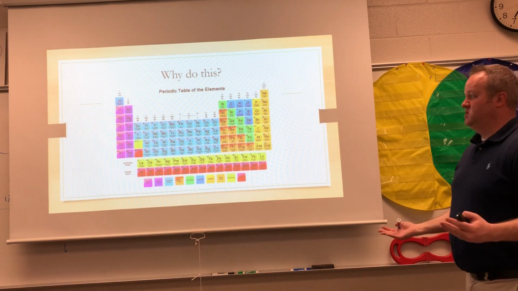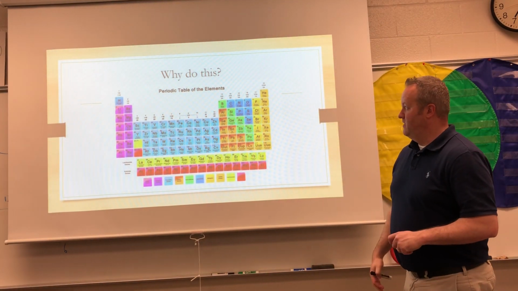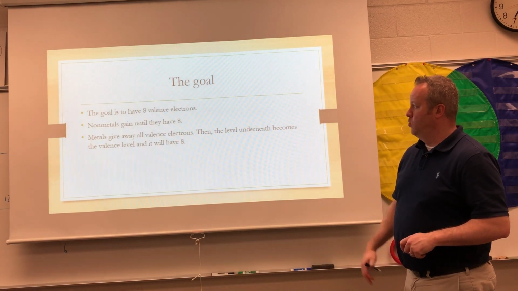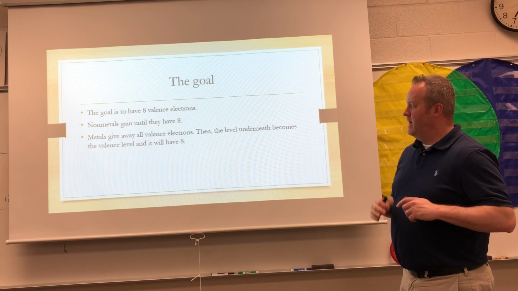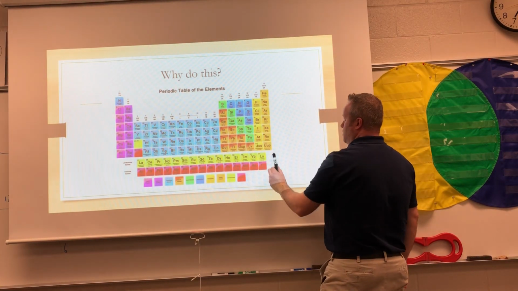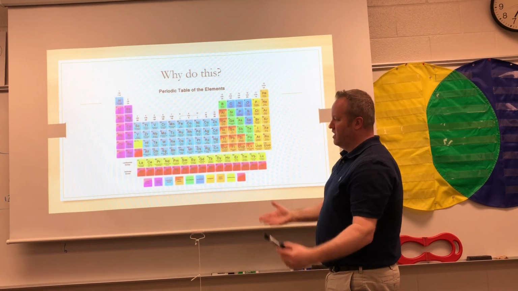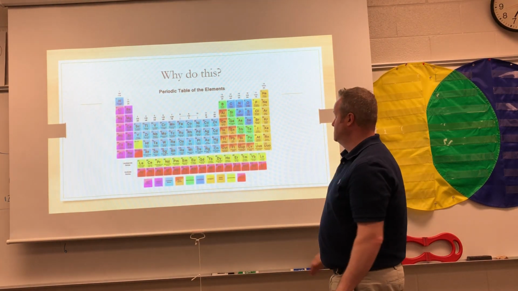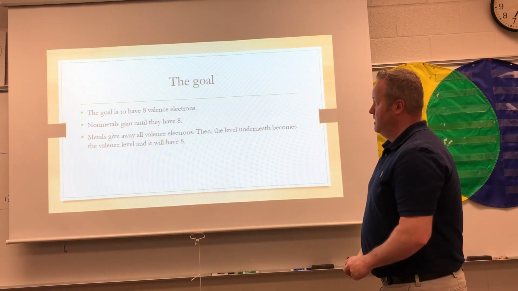So the question is, why do electrons do this? Why does this happen to atoms? The answer lies with the overall goal. Every atom on the periodic table wants to be like the noble gases. The noble gases are non-reactive, they do not form compounds, and the reason for that is the number of electrons they have.